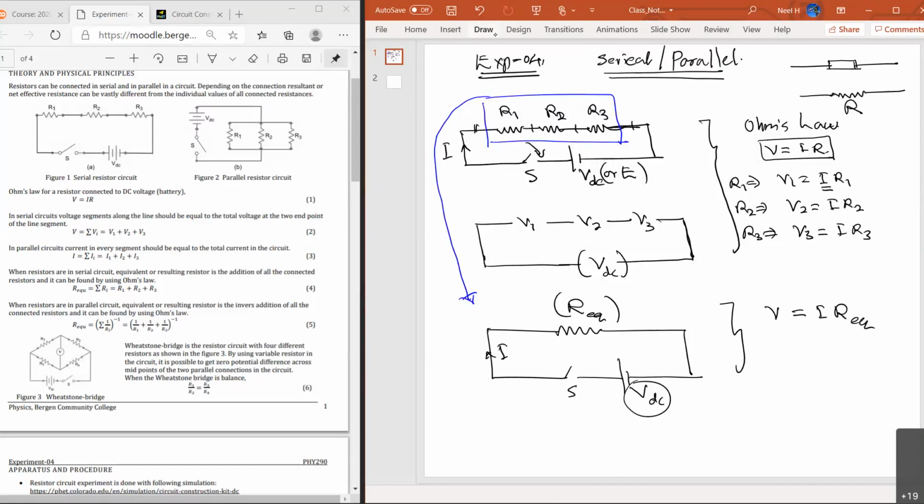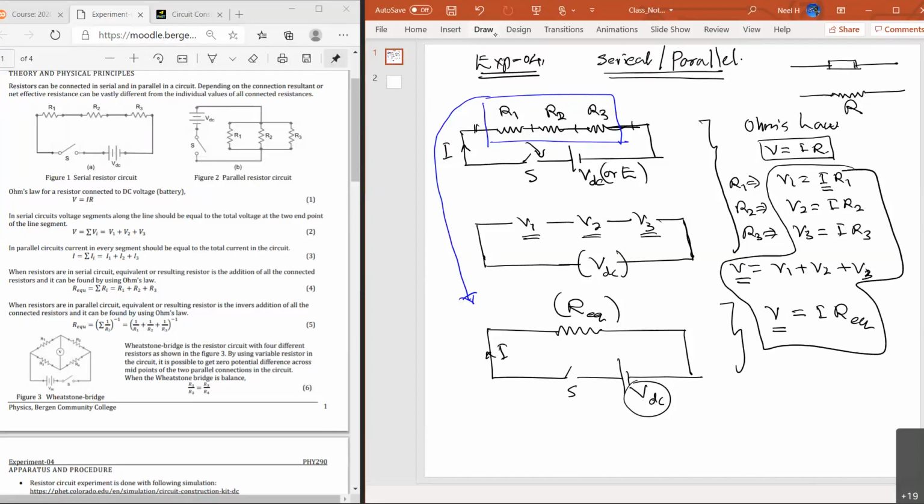Now, on the other hand, the addition of all of these voltages, V1 plus V2 plus V3, must be equal to the given voltage V, right? These two should be the same. So then you combine all of these equations together, adding this one into here and each one of them into there.